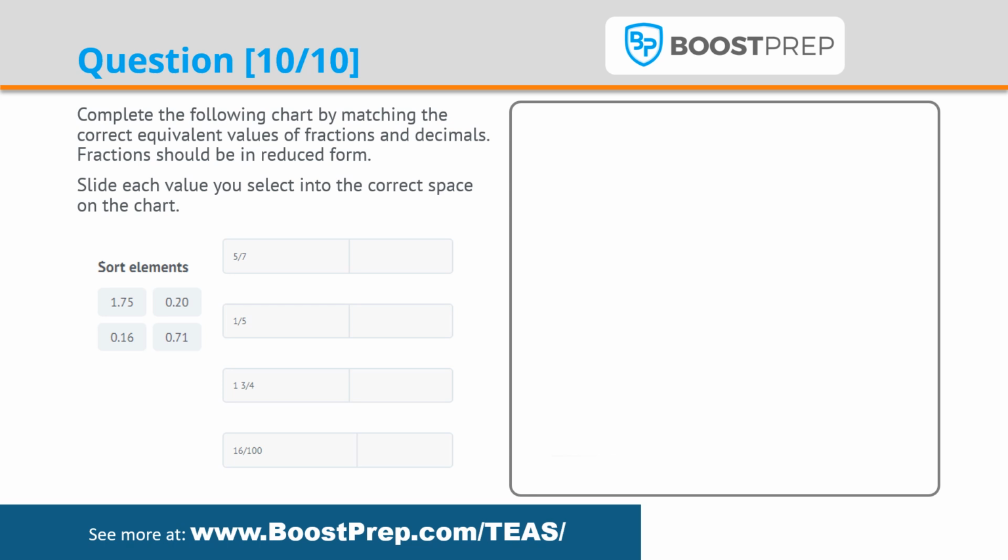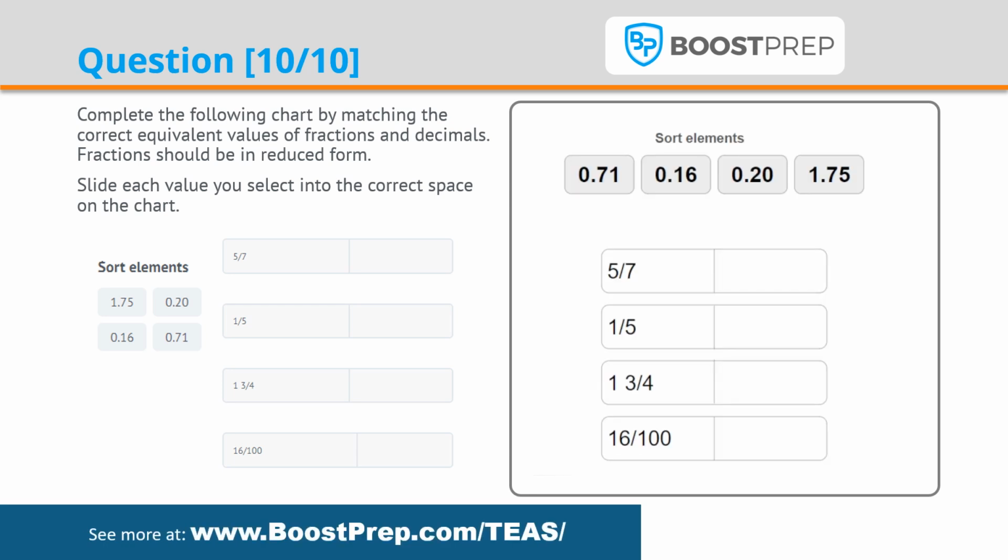Complete the following chart by matching the correct equivalent values of fractions and decimals. Fractions should be in reduced form. To solve this question, we essentially have to determine what the decimal equivalents of these four values are. So if we start at the bottom one, 16 divided by 100, the easiest way to look at that is to move the decimal point 2 places to the left and get 0.16, which gives us that answer.